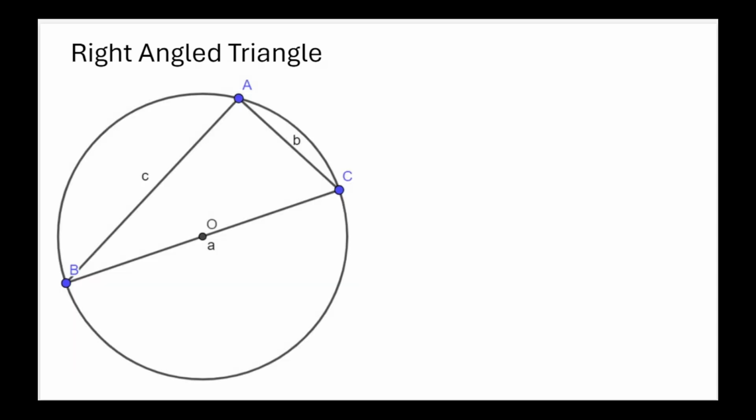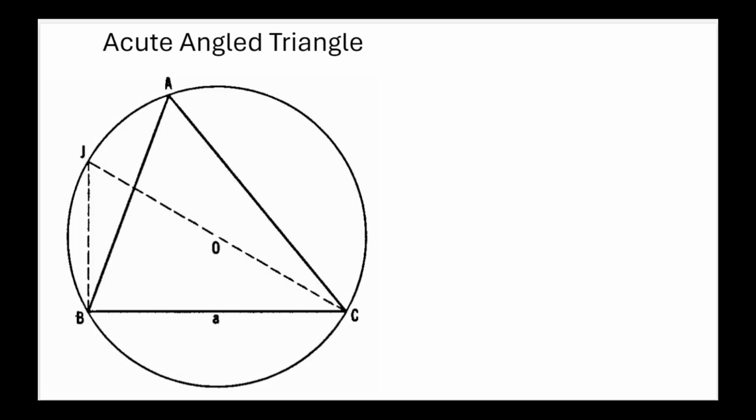And the third one is called a right angle triangle. So these are the classifications of triangles based on their angles. We will prove this extended law of sines for the acute angle triangle and then extend it to the obtuse angle triangle and right angle triangle.